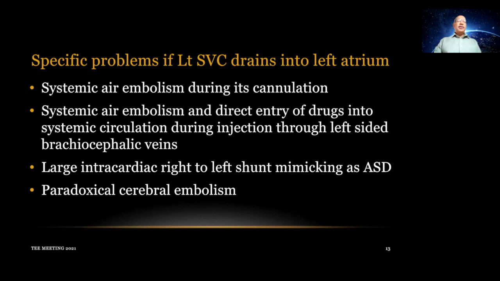Now the large communication, the drain of the left-sided circulation, the left upper half of the body circulation, into the left atrium mimics an intracardiac right to left shunt, because the blood that is coming through the left SVC is deoxygenated blood, which mixes with the oxygenated blood that is reaching the left atrium, and it causes desaturation.